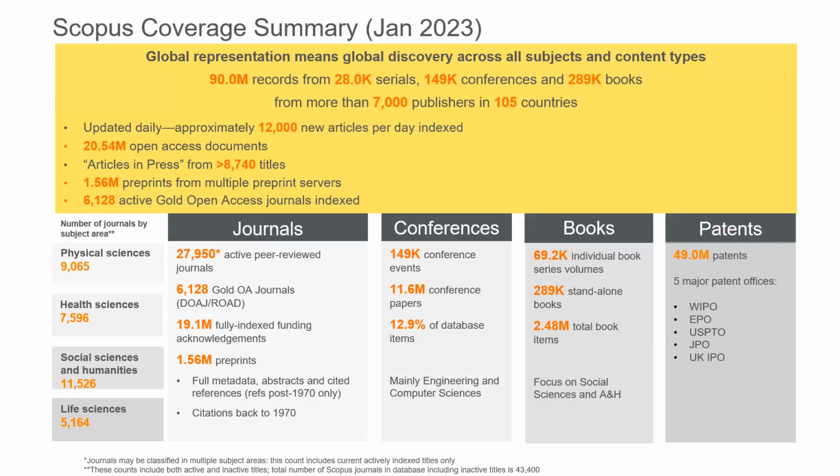They are journals, conferences, and books. For conference proceedings, it is mainly from engineering and computer sciences. For books, it focuses on social sciences and arts and humanities. Besides, Scopus also has patent information coming from 5 major patent offices worldwide.